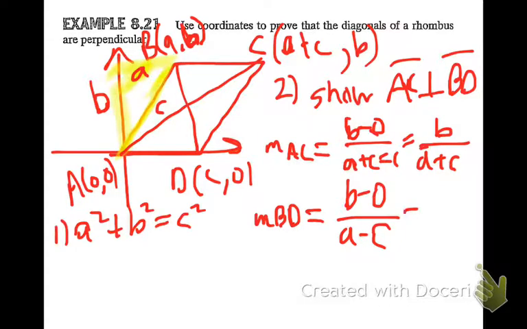Which is equal to B over A minus C. Now we have to multiply those two slopes together to see if they equal -1, right?